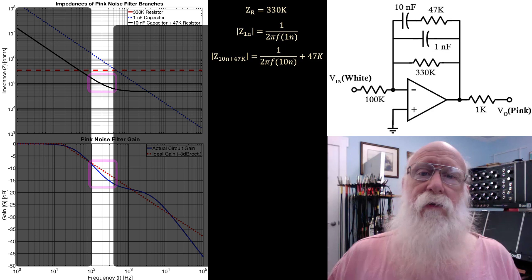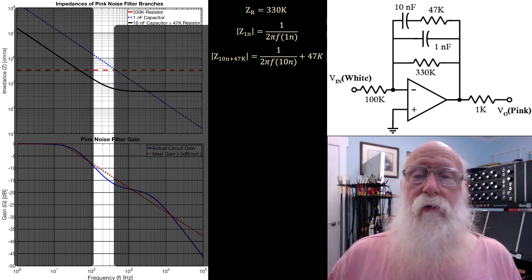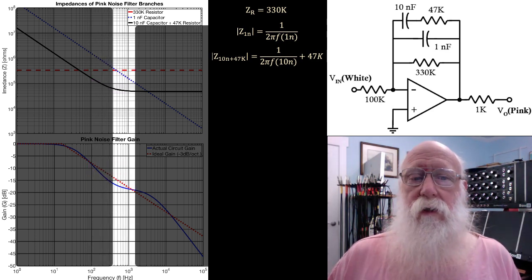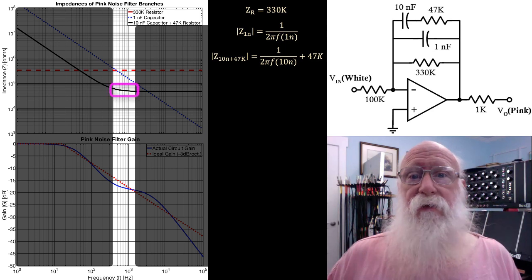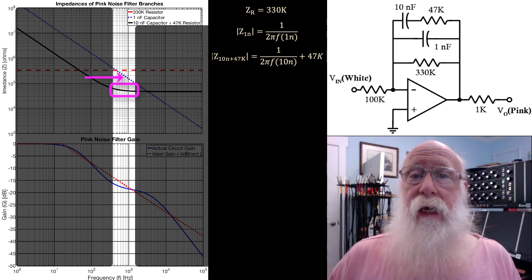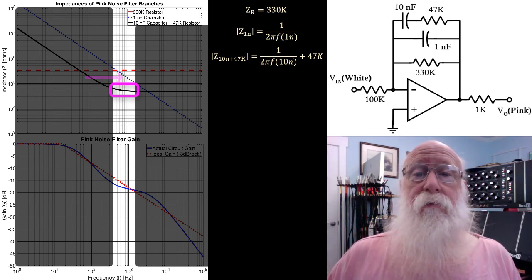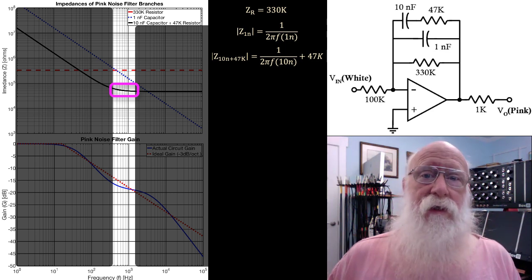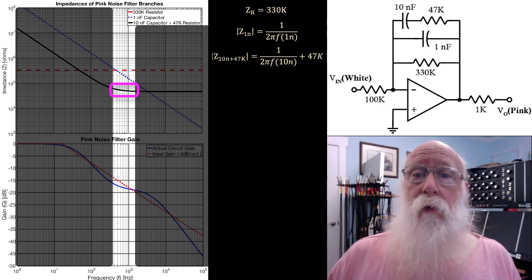At mid-audio frequencies between about 400 Hz and about 1500 Hz, the impedance of the 10 nanofarad branch is still lower than the others by a considerable margin, although the impedance of the 1 nanofarad capacitor has now dropped below 330K. However, the impedance of the 10 nanofarad capacitor and 47K resistor is now approaching 47K asymptotically.